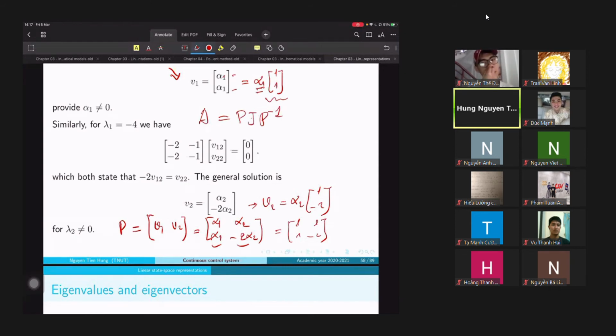In this form, you see that Z is a Jordan matrix, and you can check an example in MATLAB and see that if Z is a diagonal form, you can find P in this form.